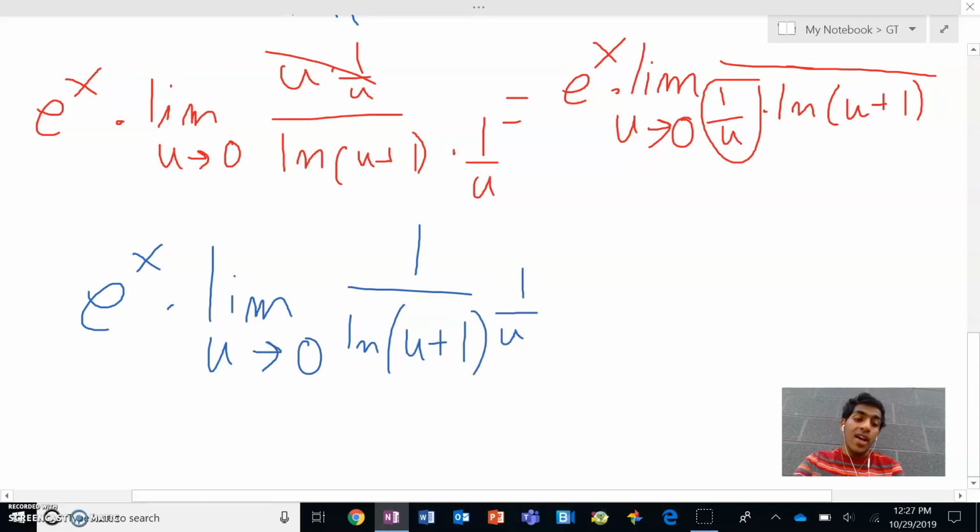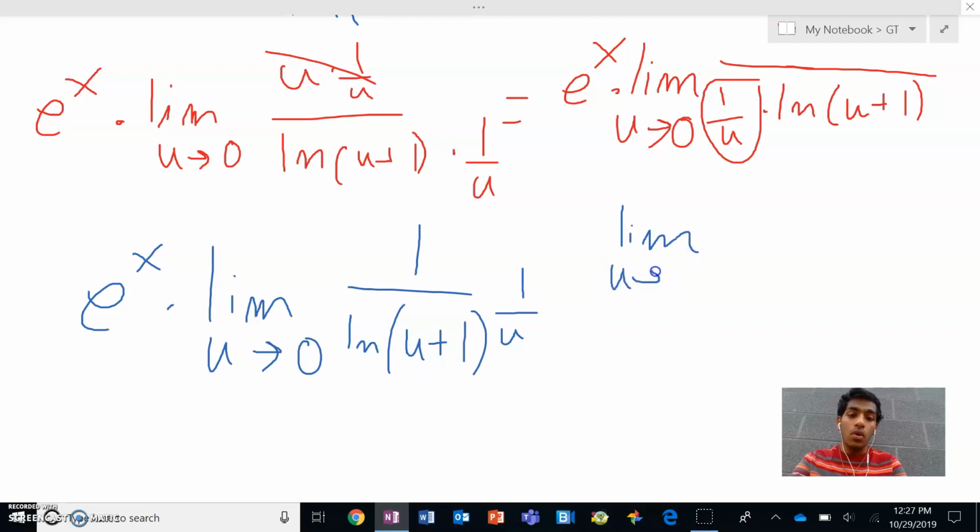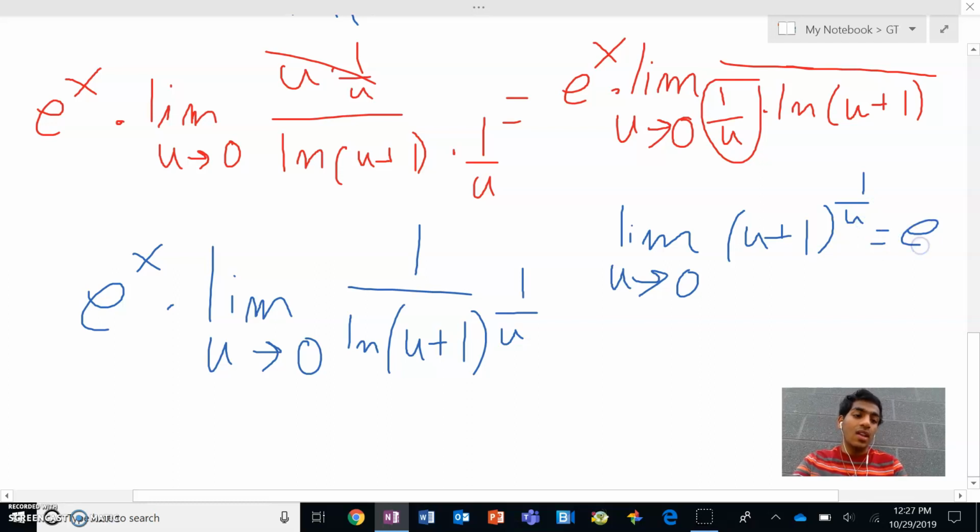And now, here's the benefit that I get because of that. I know that the limit as u approaches 0 of u plus 1 raised to 1 over u is e. That's another definition of e, and that can be proven using L'Hopital's rule, which I'll be doing later, but let's just stick with the identity for now.